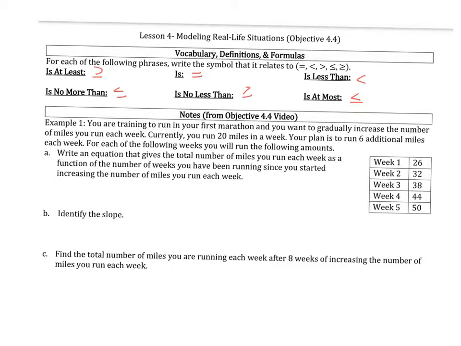Okay, so first thing we're going to do is we are starting with 20 miles and we're adding 6 miles per week. So we're going to have x represent the number of weeks here.